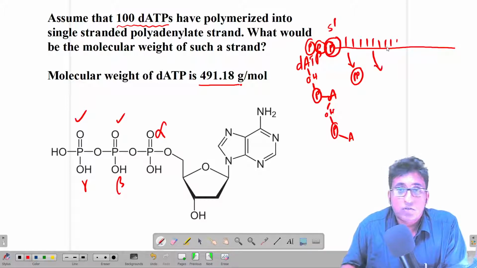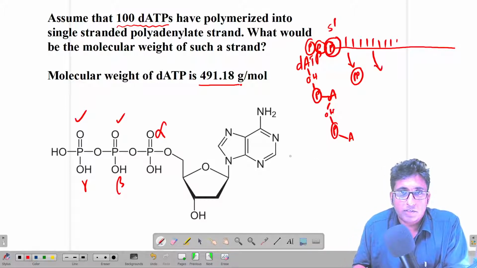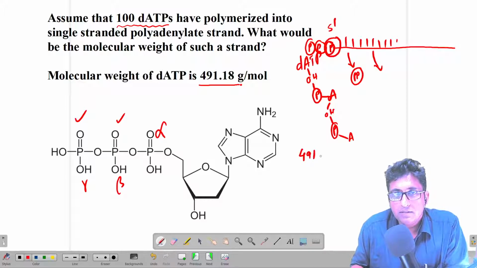So if you are trying to solve this question, we could take the full dATP, 1 plus 99 times whatever molecular weight you would get for the dATP minus pyrophosphate.